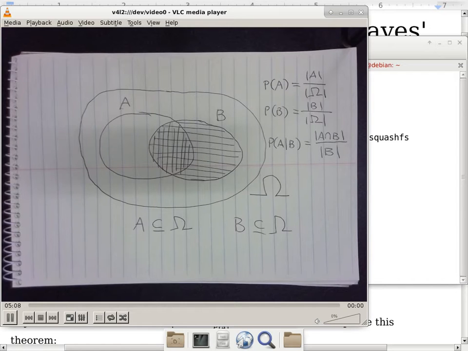When I say, okay, what are the chances that we end up with blah, blah, blah, that is conditional to omega, which is the set of all possible outcomes. But in this case, I'm no longer looking at omega, because omega is too big of a set. I'm just looking at a subset of omega and say, okay, let's just look at things that are already in set B. What are the chances that one thing is also in A? So we're looking at the intersection of A and B and saying, how does that relate to the entire B?